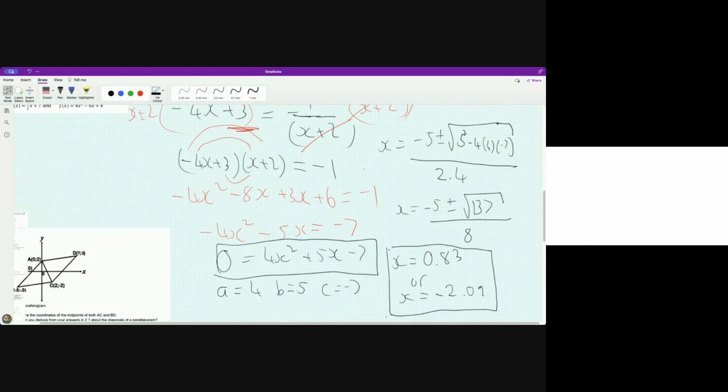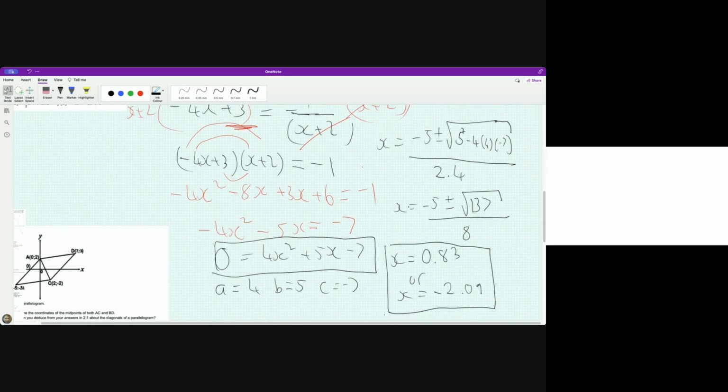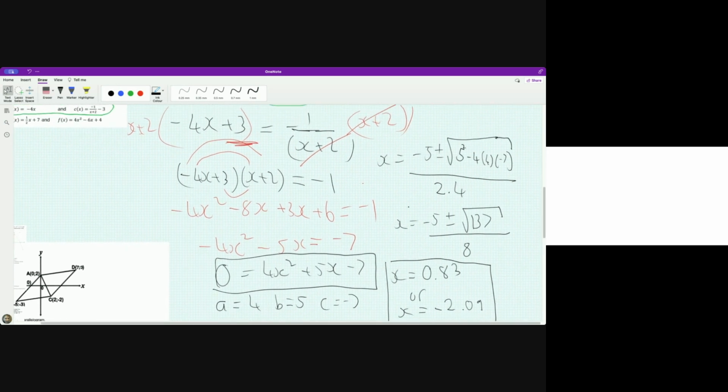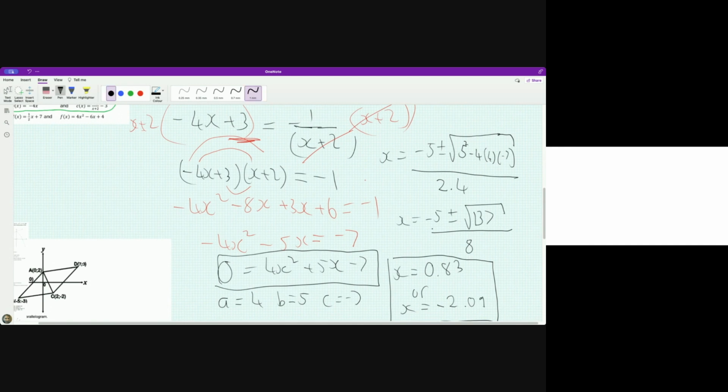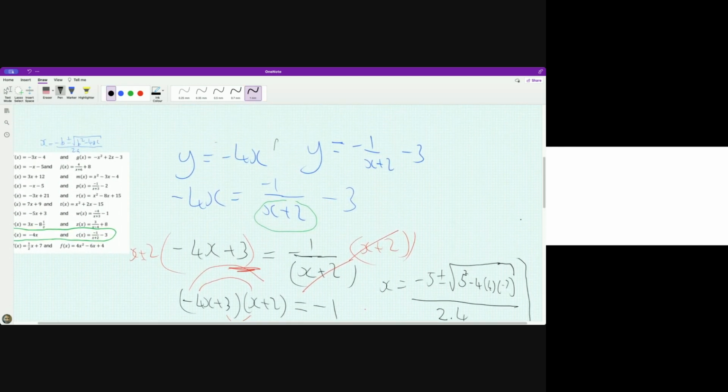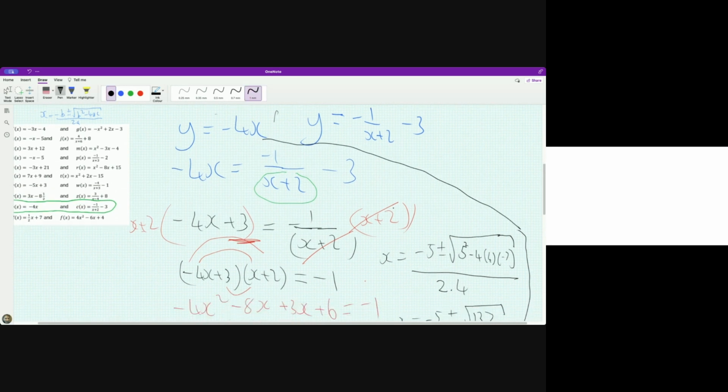as your solutions. Okay. And then to find the y values, all you need to do is take those x values and put them back into the easiest of the two equations. So let's have a look. What's the easiest? I think the easiest one would just be the minus 4x.